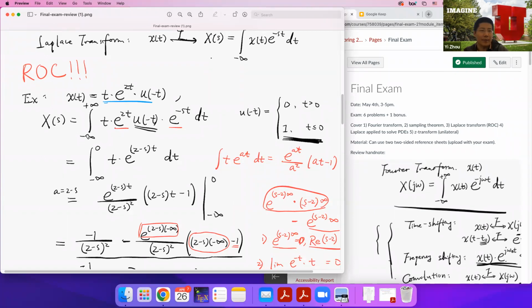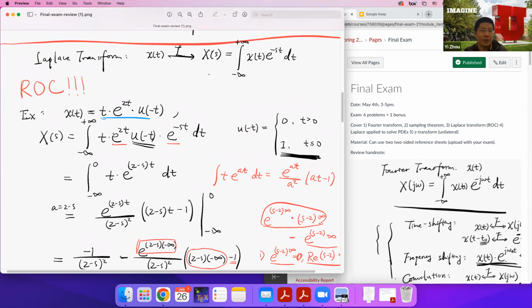Following the definition of the Laplace transform, it's an integration of the signal times this exponential factor.